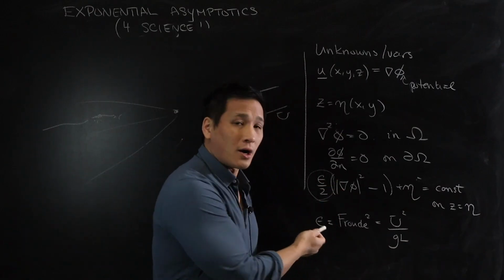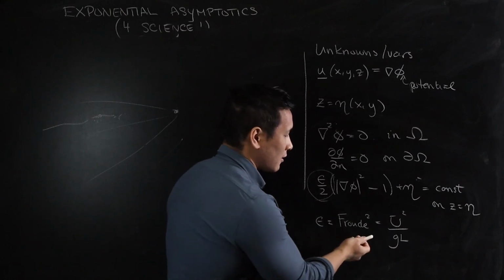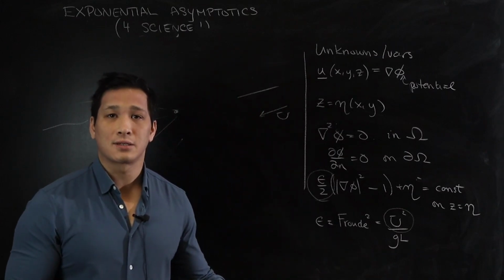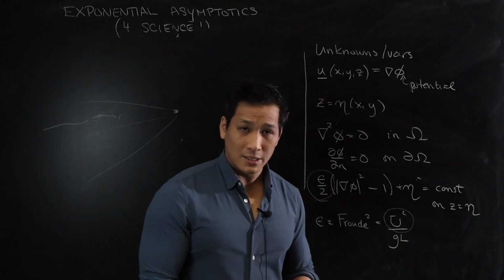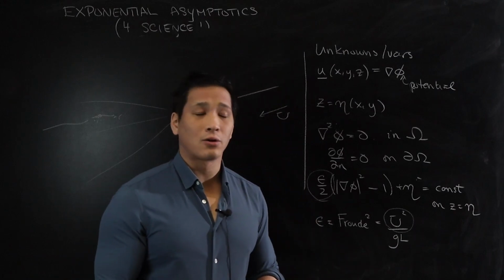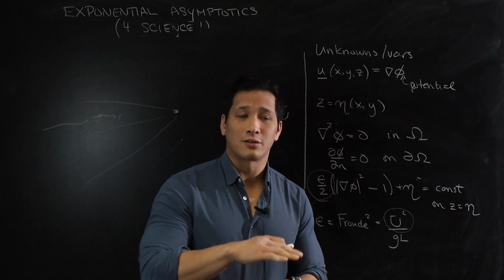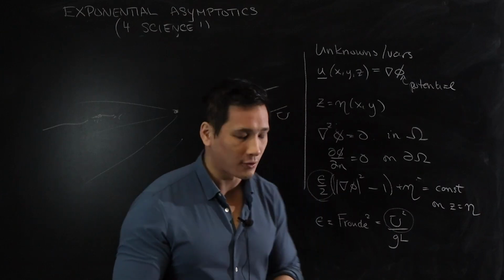So this is why we say it's low-speed flow, or low-Froude flow, that you're taking the limit that the velocity u is tending to 0, okay? And the other way of thinking of this asymptotic limit is that at leading order, you think of gravity being infinitely strong, and so essentially the free surface should be flat to leading order, okay?